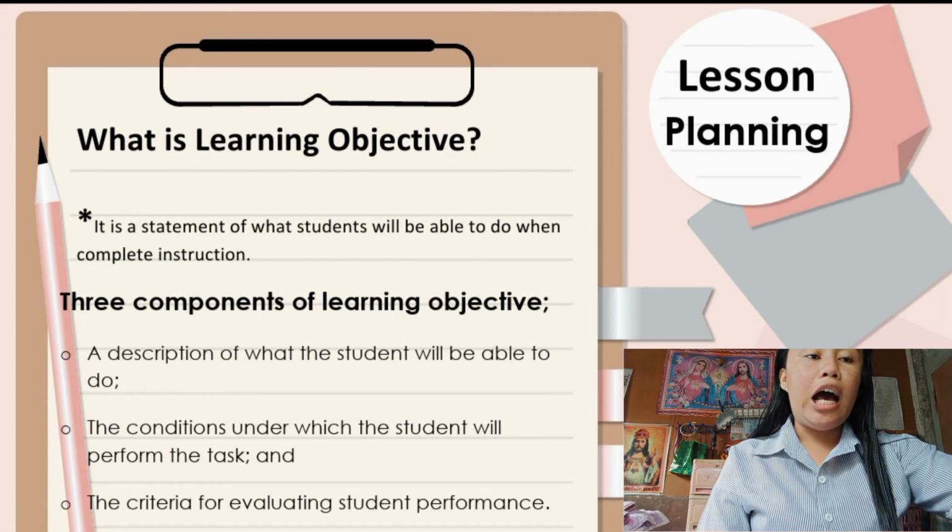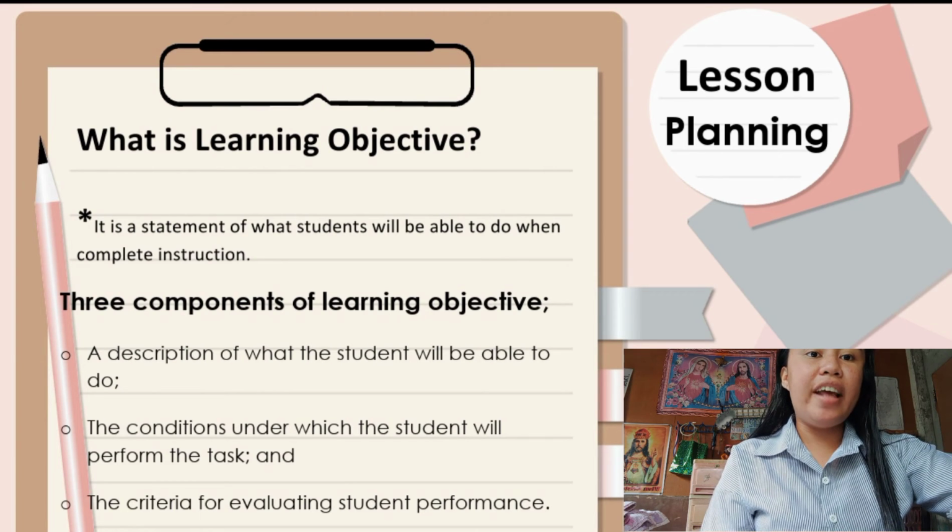First is a description of what the students will be able to do. Second is the conditions under which the student will perform the task. And lastly, the criteria of evaluating students' performance.